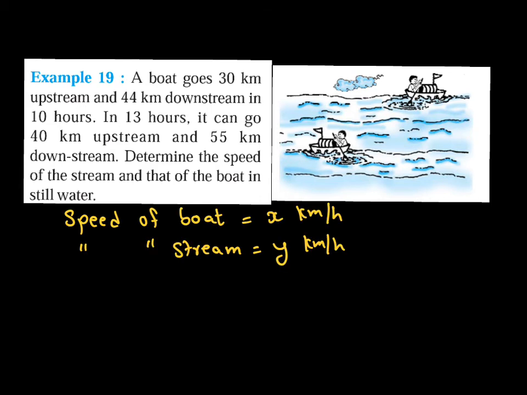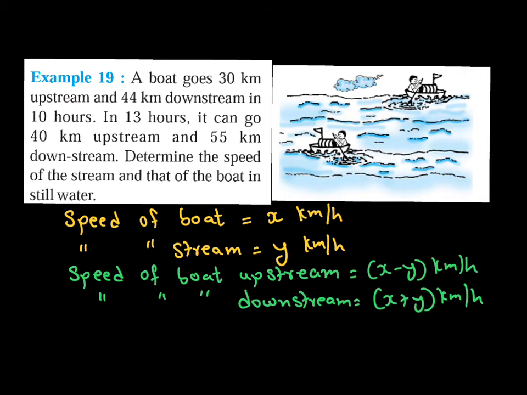So let the speed of the boat in still water be x kilometers per hour, and let the speed of the stream be y kilometers per hour. Remember, we said upstream means the boat going against the flow of the river. Downstream means the boat going in line with the flow of the river.